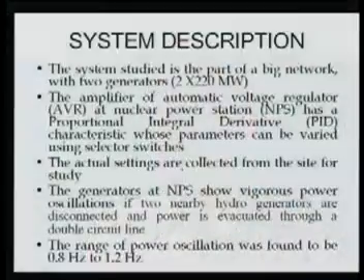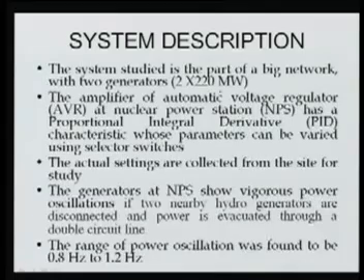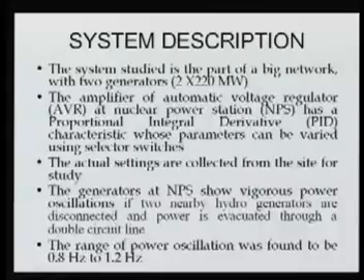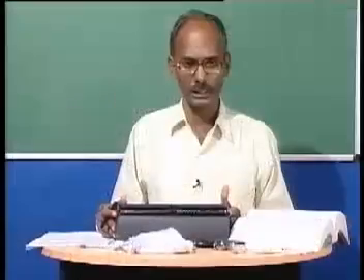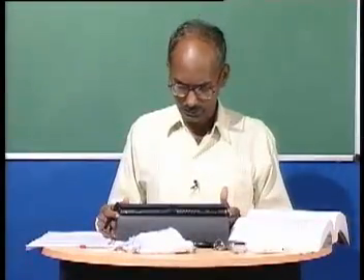Here we studied this system, and finally we found this is due to the improper tuning of the power system stabilizers. The system studied is part of a big network, of course the southern region, and we took only a small portion of the system where the two generators near Kaiga have been considered.